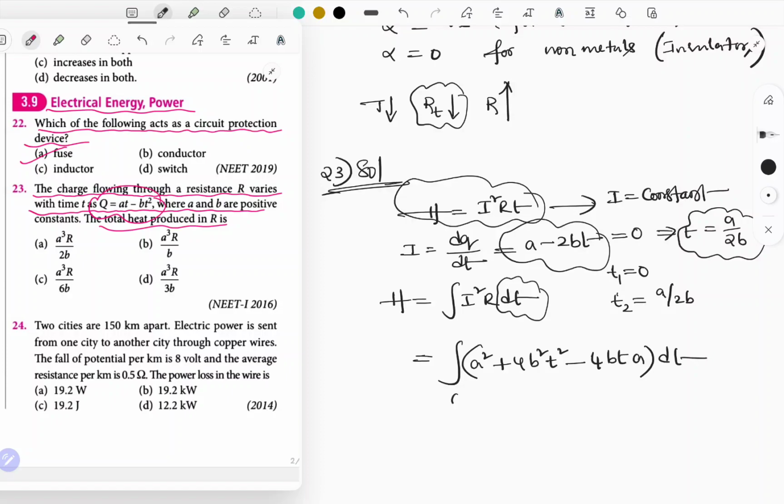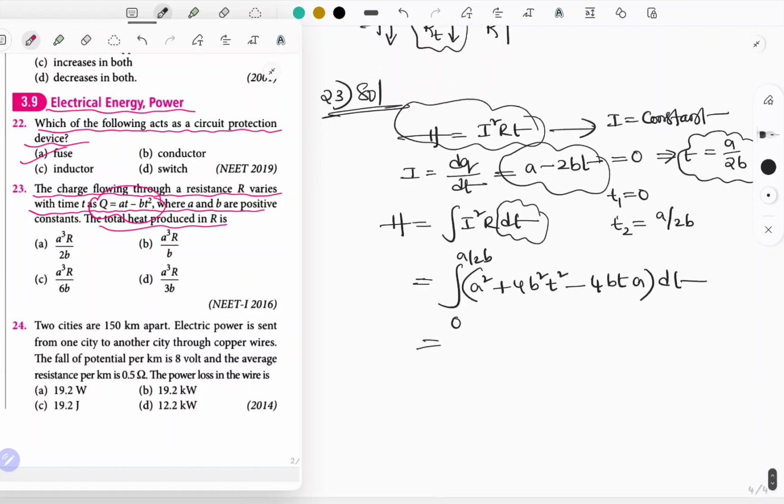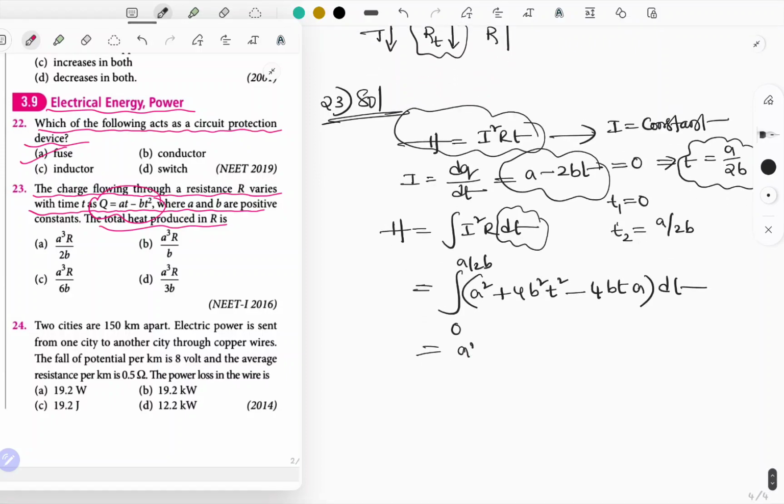And limits are from 0 to a by 2b. So let me expand this. Integration gives a square into t plus 4b square into t cube by 3 minus 4ab into t square by 2. So limits are from 0 to a by 2b.